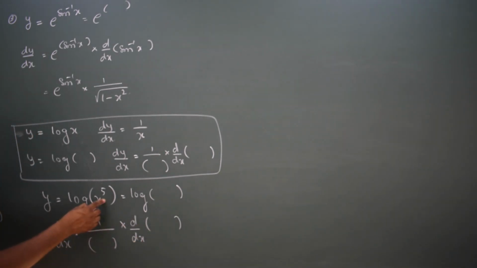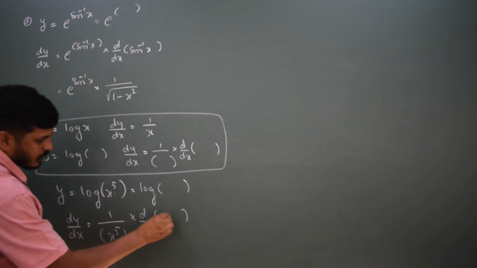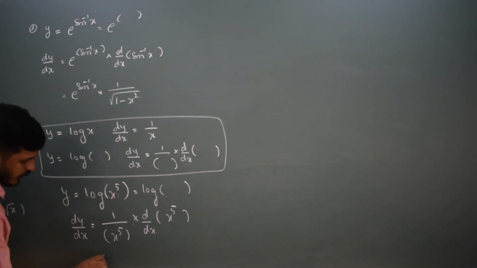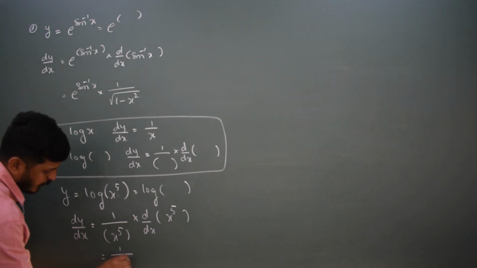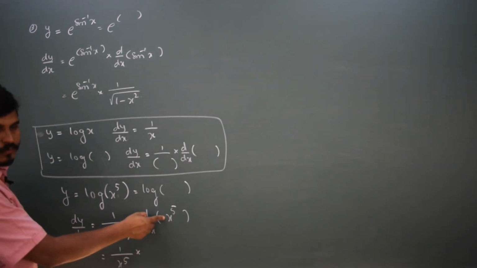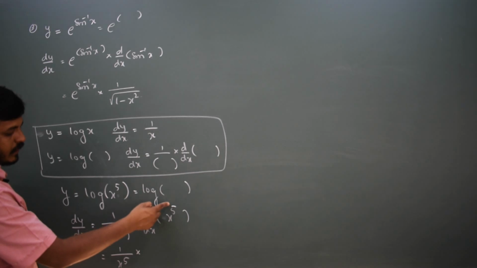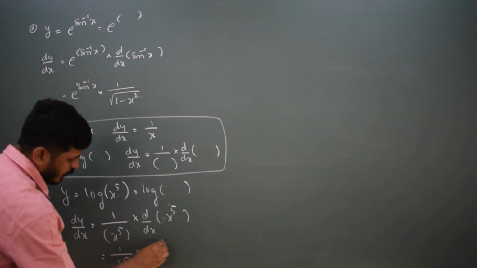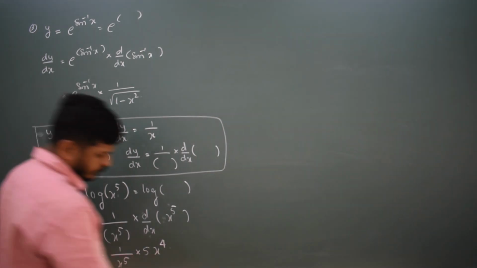What is something there? X raised to 5 is your something. Replace something by x raised to 5. That's equal to 1 by x raised to 5 into x raised to 5 differentiation. d by dx of x raised to 5 means you have to differentiate x raised to 5 with respect to x. What is x raised to 5 differentiation? 5x raised to 4.